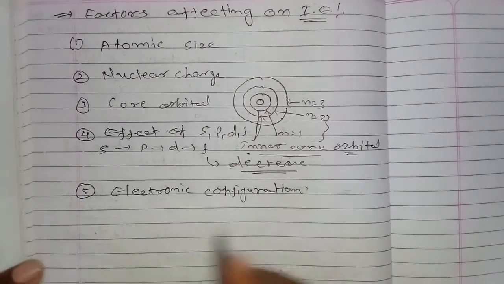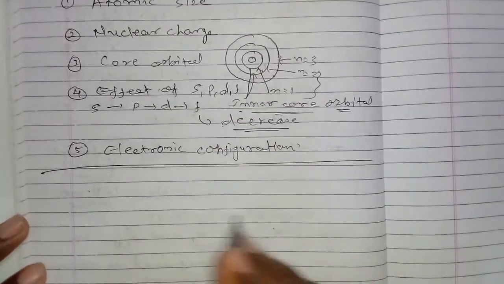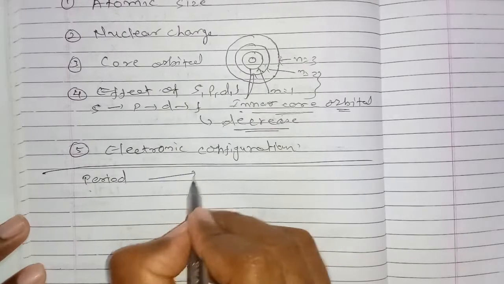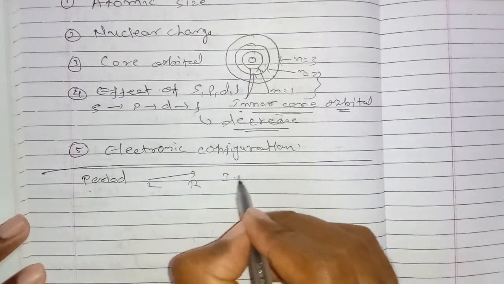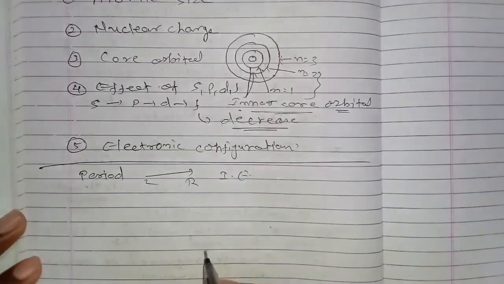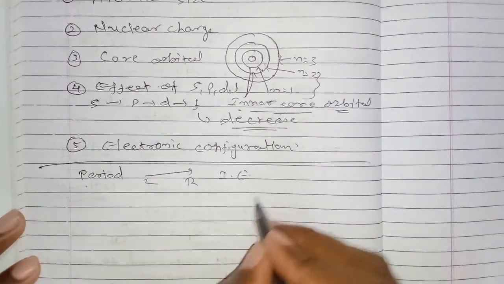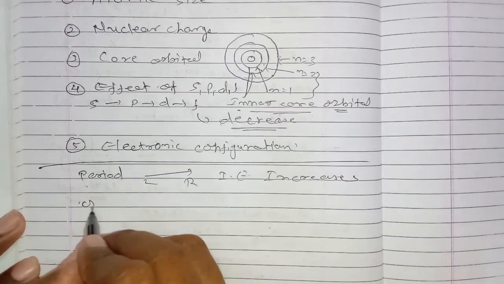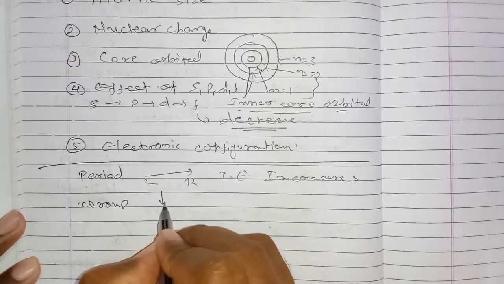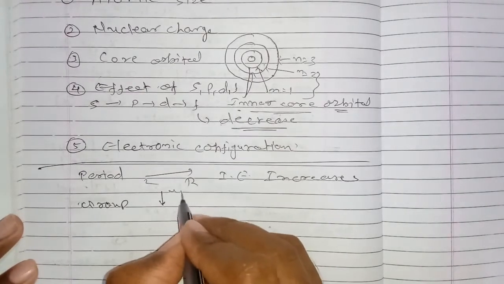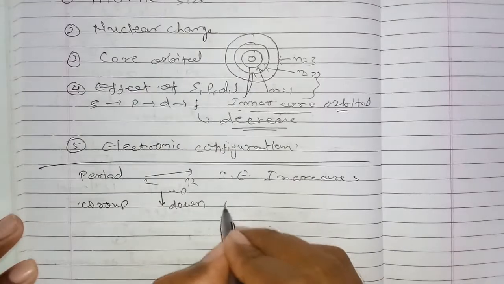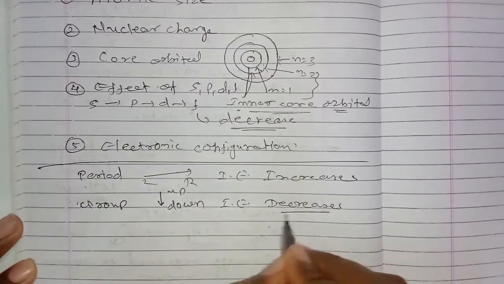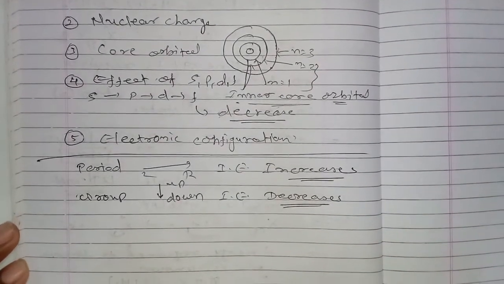Now the general trend. Across a period, as we move from left to right, ionization enthalpy increases, or in a group, as we go down, ionization enthalpy decreases.